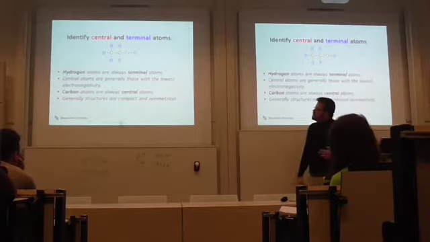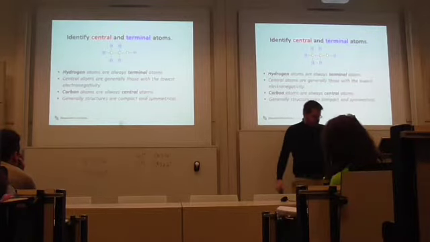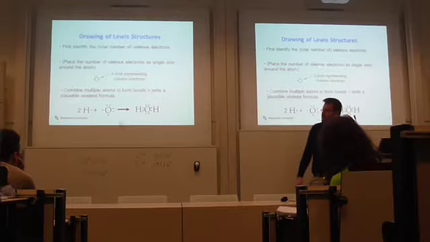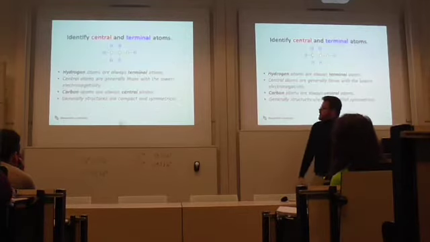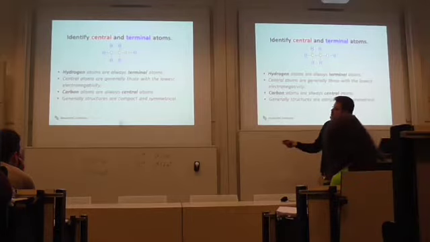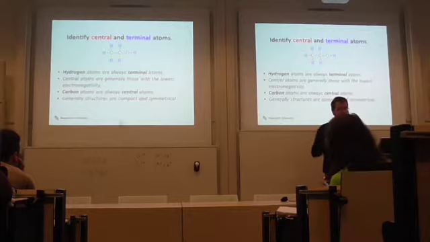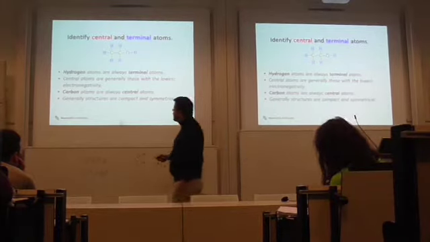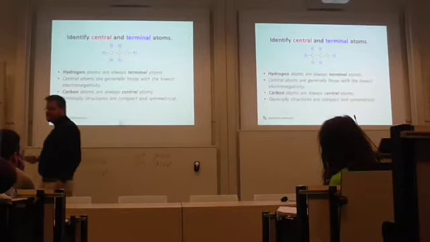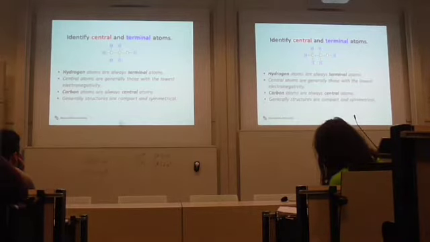Okay, now here are some guiding principles. So if I give you a formula, the question is which atom goes in the middle and which goes on the side. These are some guiding principles. Okay, hydrogen's always terminal atoms. Central atoms are those with the lowest electronegativity. This is going to become important later on. And carbon atoms are generally always central atoms, and generally structures are compact and symmetrical.